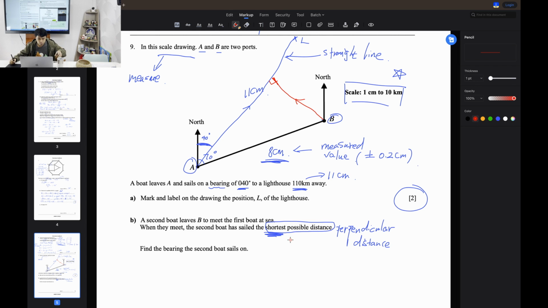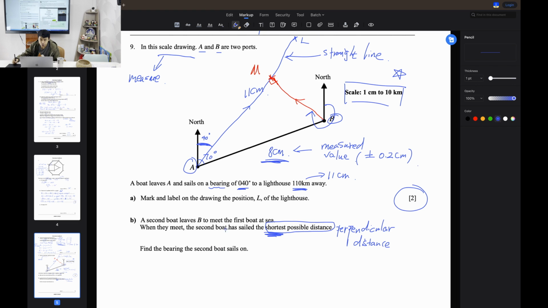Okay. So this is a point where they meet. Let's say M. All right. So now, how do we do this one? Find the bearing of the second boat sails on. So we are supposed to look for this angle, right? All right.